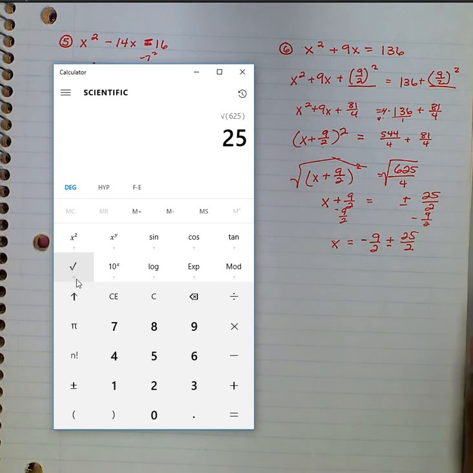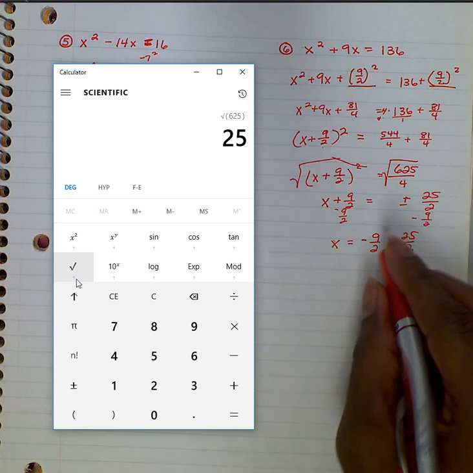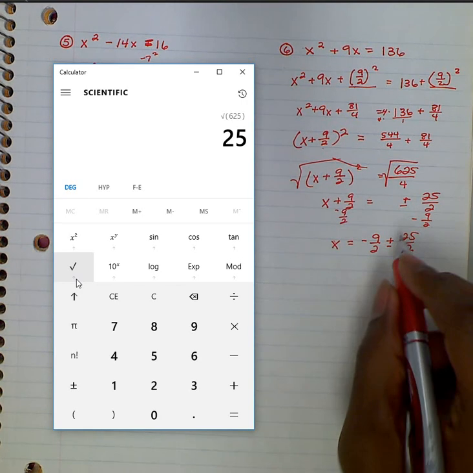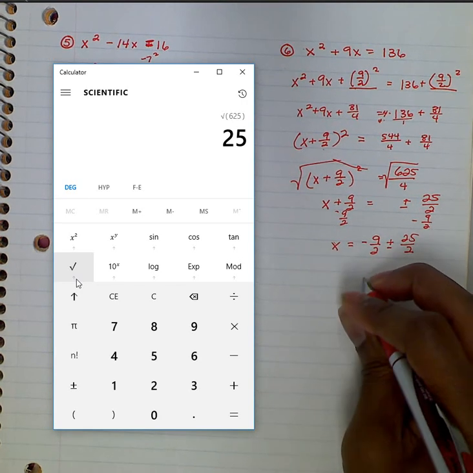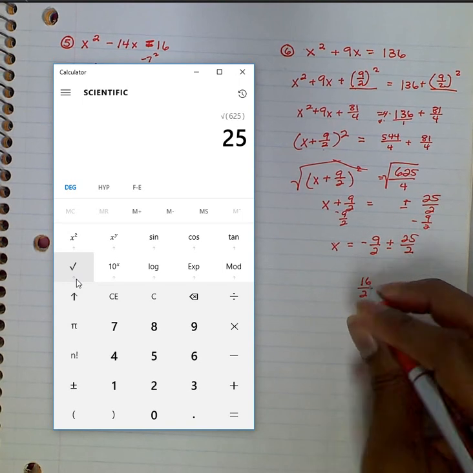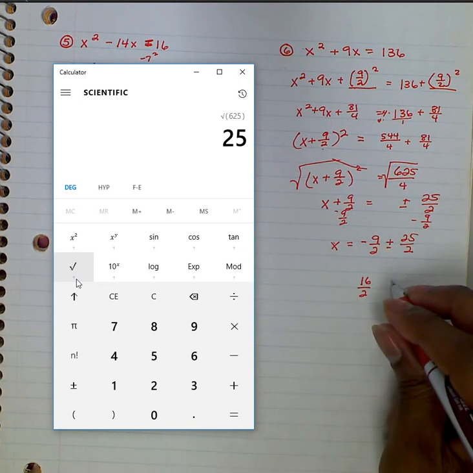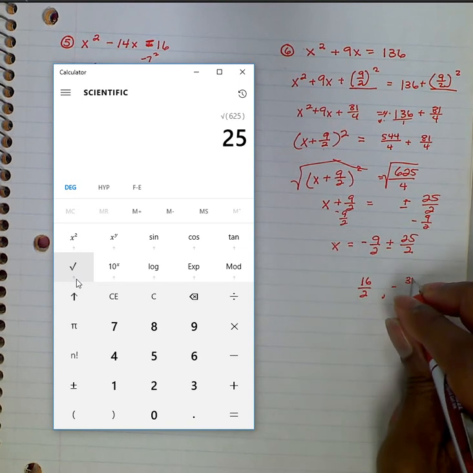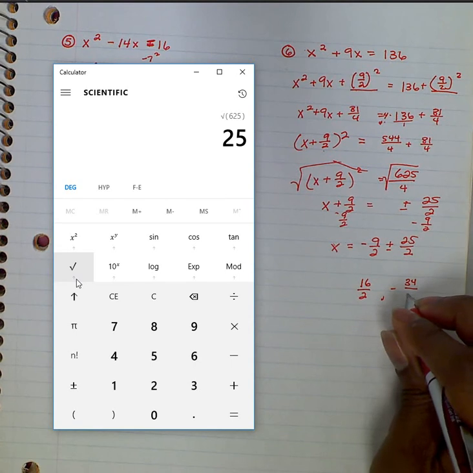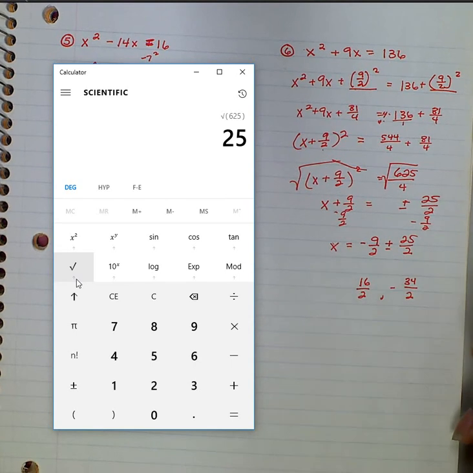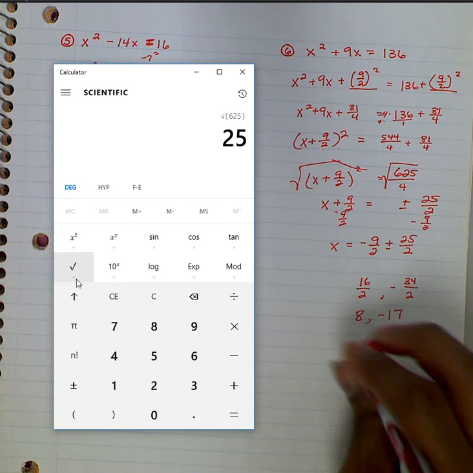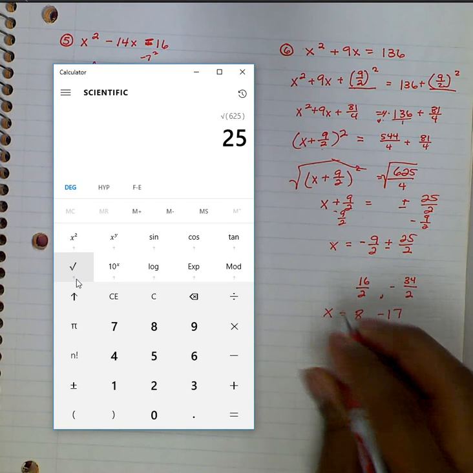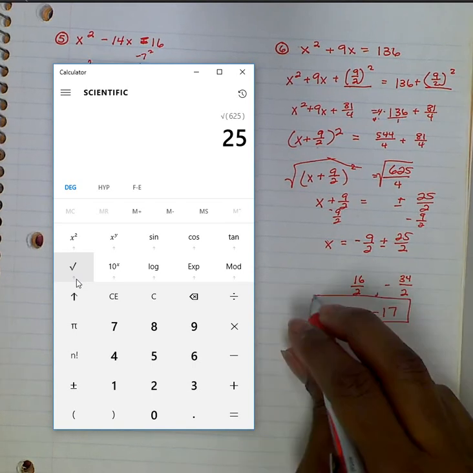You can keep them as fractions, but negative 9 plus 25 would give us 16. Alright, 16 over 2. And negative 9 minus 25 would give us negative 34 over 2. Okay, and so that breaks down to give us 8 and negative 17. Wow. Fractions the whole time, and they came out to be whole numbers.